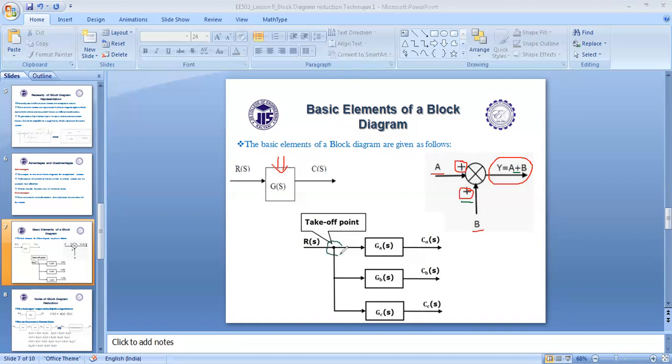Next is the takeoff point. What is a takeoff point? A takeoff point is that point from which two or more signals are leaving or taking off. For example, suppose you have a 230 volt point which is connected to a fan.